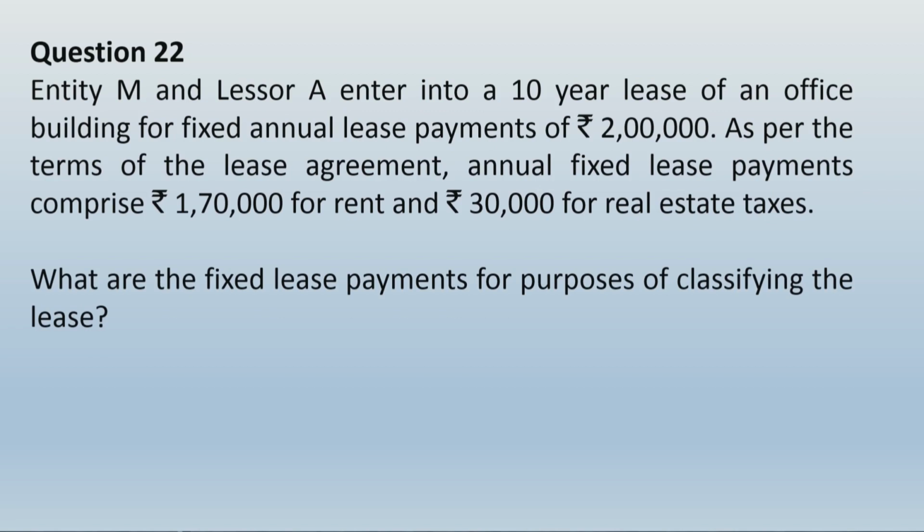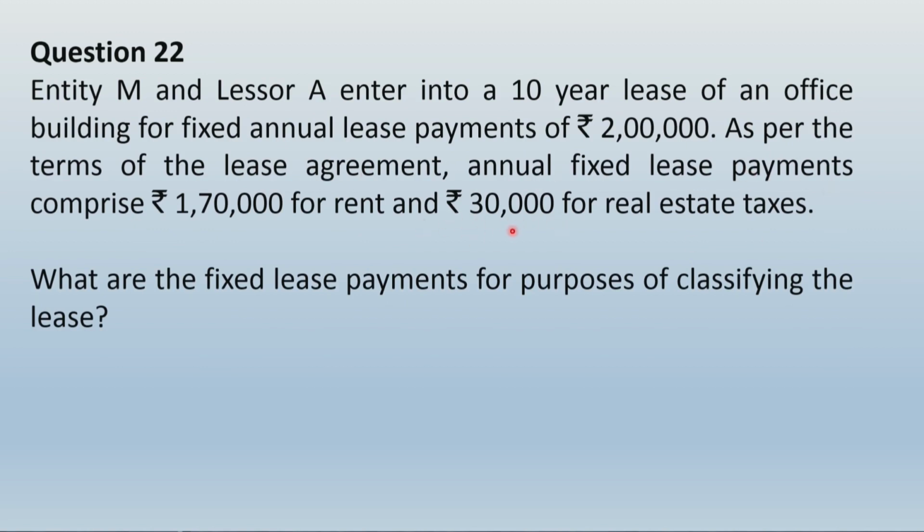Now friends, over here, to understand the whole scenario, you first need to identify one very simple thing, that 1,70,000 is purely the payment towards rent and 30,000 is a payment towards real estate tax. You will find that we don't see any non-lease component over here.